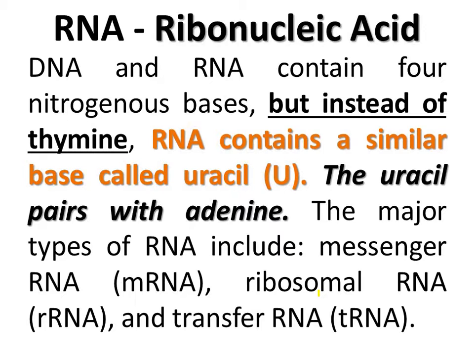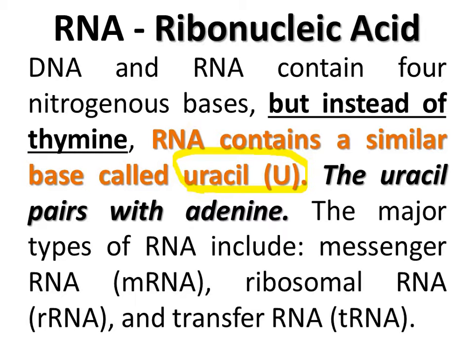Now, another thing that makes RNA different from DNA is instead of thymine, yung fourth nitrogenous base ng RNA, it is actually changed into uracil. So, wag po tayong mapalito.